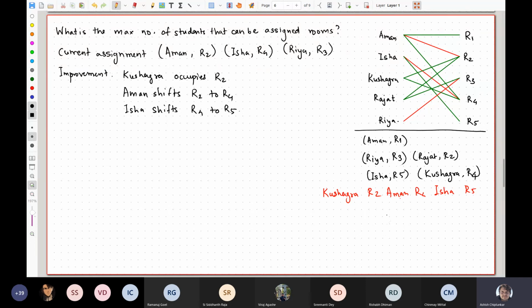Okay, but of course we need to claim that if your room assignment is not optimal, if it is possible to assign, right? So what are we doing? We are assigning one more person a room. But what if right now you have assigned some 100 students a room, and the best possible way to assign rooms is to assign rooms to some completely different set of 101 students?